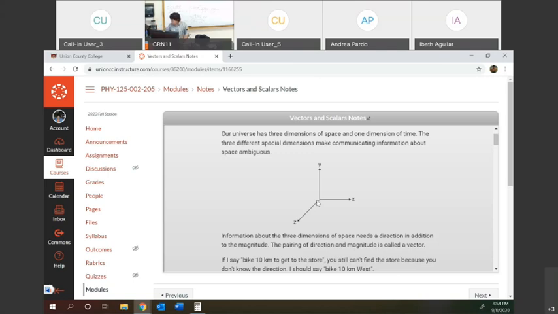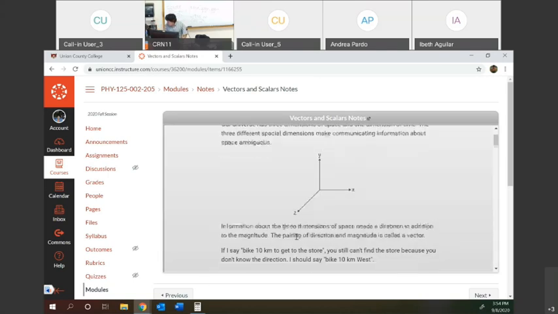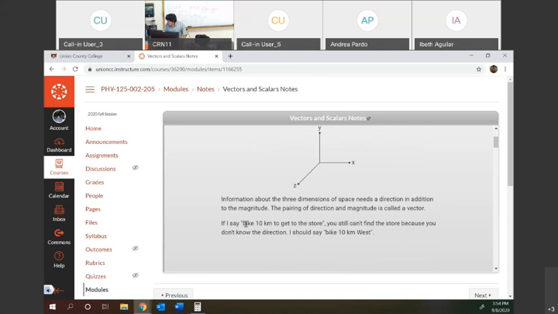That's important. If I say I walk 10 kilometers to the store, you still cannot find the store. That's a good example. You need to say where the store is located, in what direction. So you say 10 kilometers west. What does that tell you?